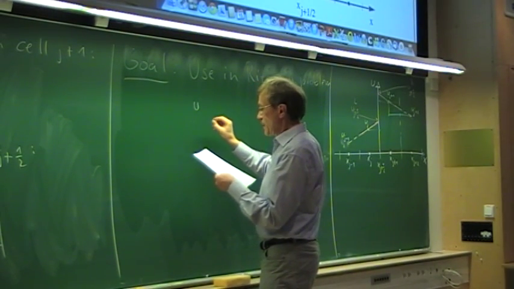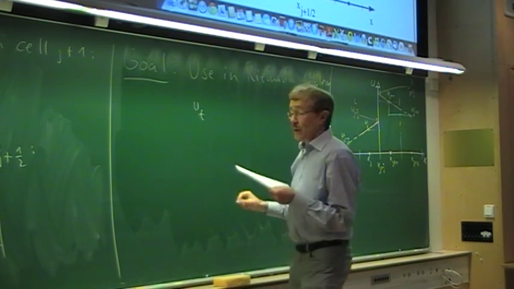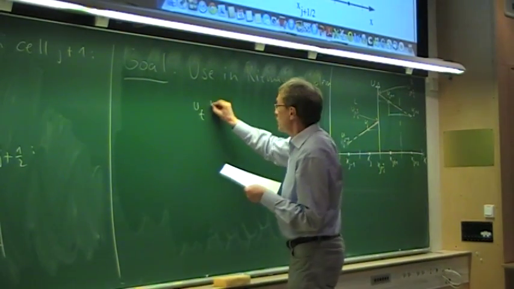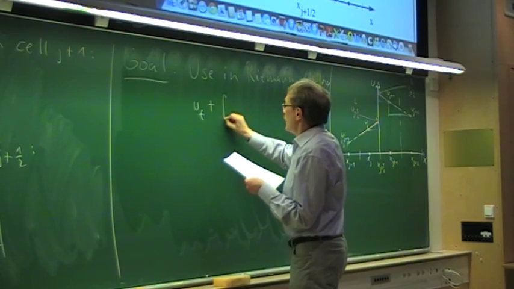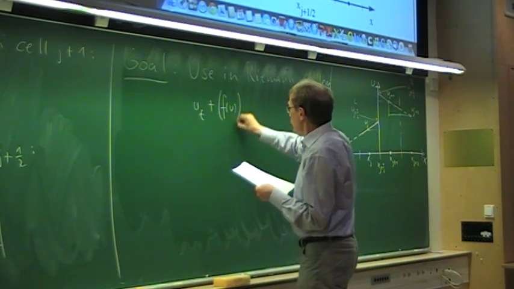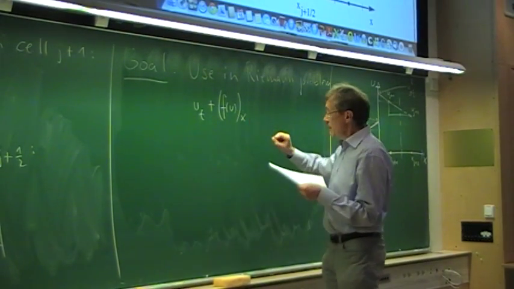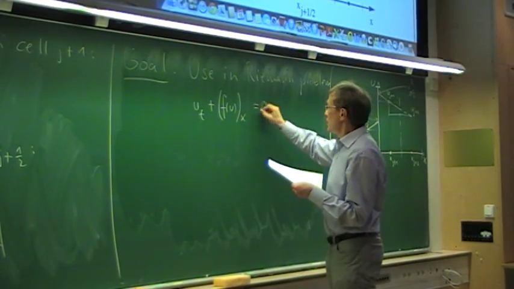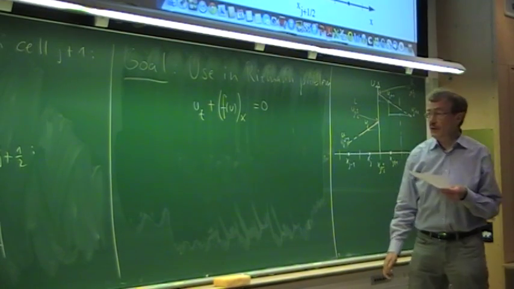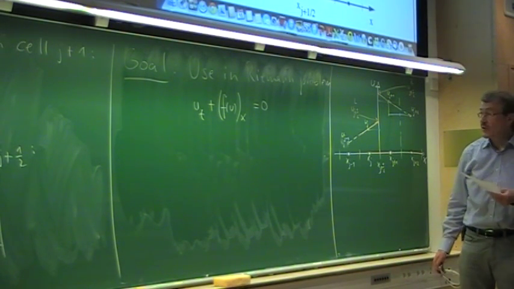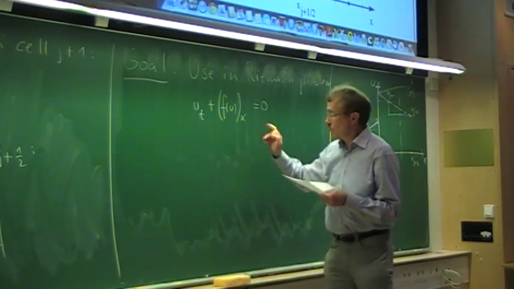In our case, we have a scalar one-dimensional conservation law. And then we have flux function, for example, u squared half for the Burgers equation. The x derivative of that is equal to 0. So we are using again the mathematical notation where the indices define derivatives with respect to time and space.